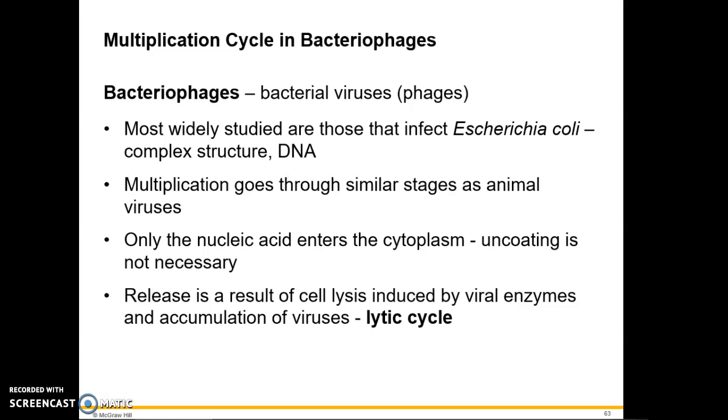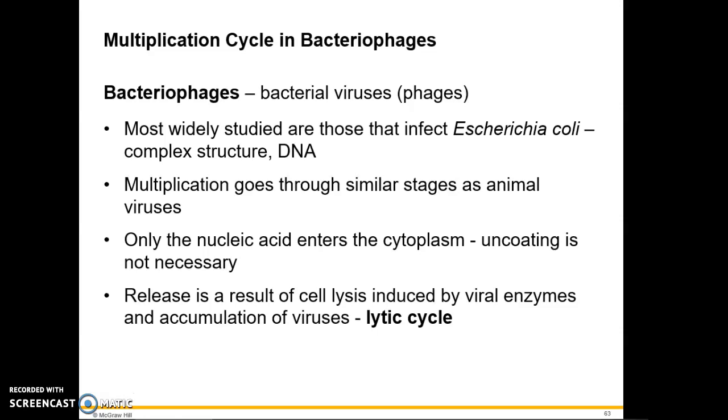So the most widely studied bacteriophages are the ones that infect E. coli. And the multiplication of bacteriophages has several stages that are similar to the ones that we talked about for animal viruses. And once the nucleic acid penetrates into the cytoplasm, then uncoating is not necessary for bacteriophages.